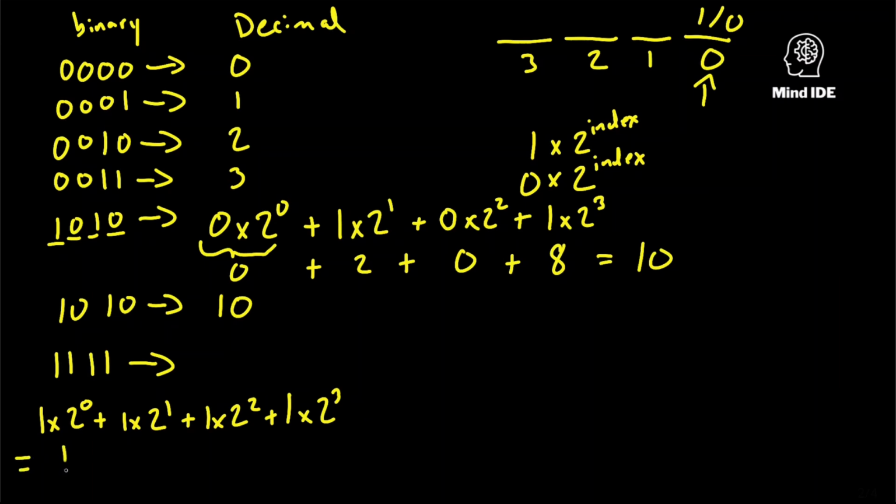So this is going to be 1 plus 2 plus 4 plus 8, which is 15. And so on and so forth.